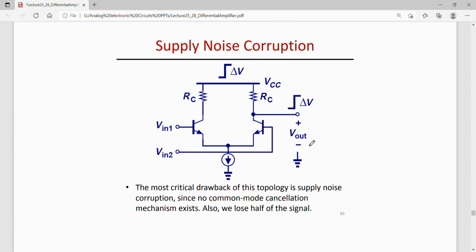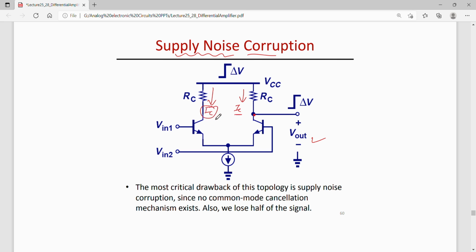This output will be corrupted by noise from the supply. That is, ripples from the supply will be present in the output. And there is another problem: this differential pair is extracting two currents, but this output is through one current only, so the other current is lost.